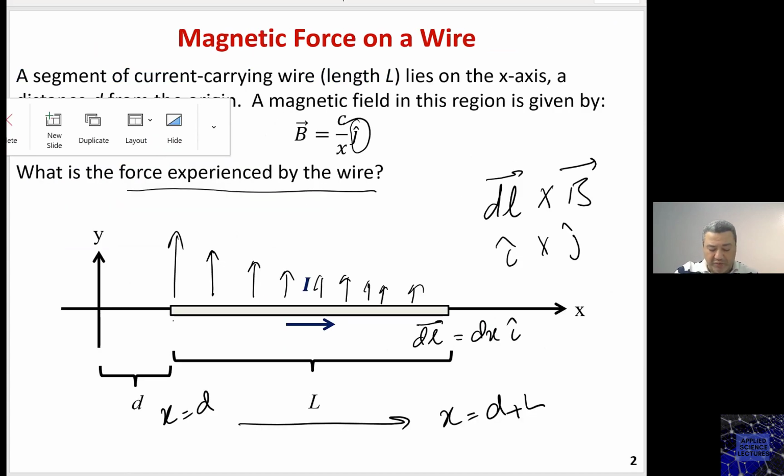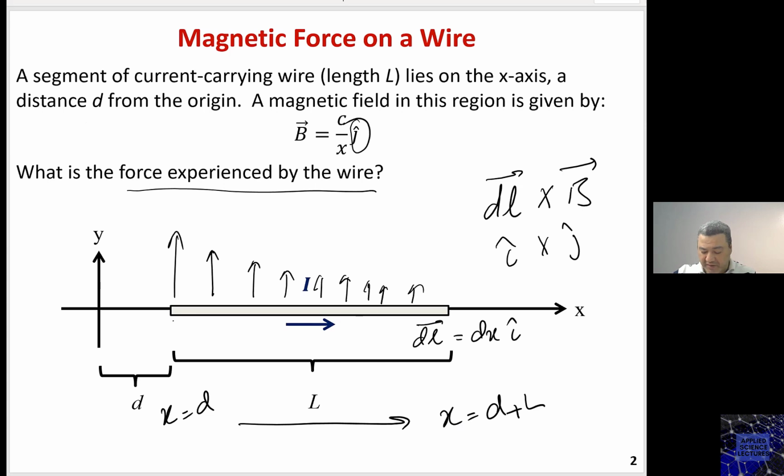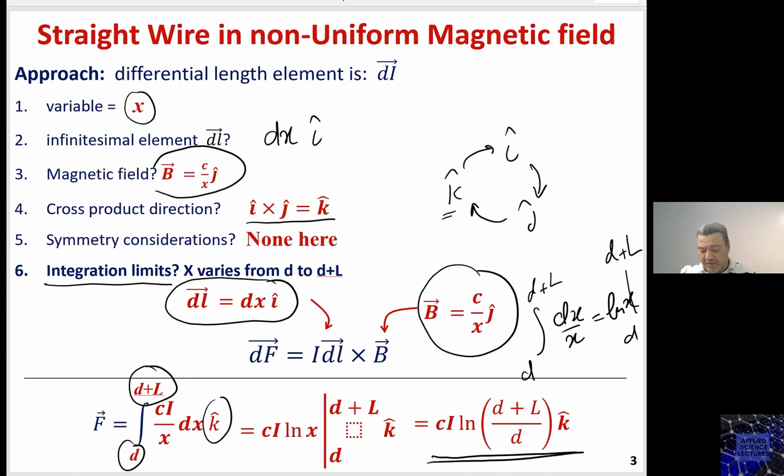So if we come back to here, we can see that the cross product between this vector and the magnetic field that is pointing upward is going to result in a force that is going in the positive z direction, and the net force is given by this expression.